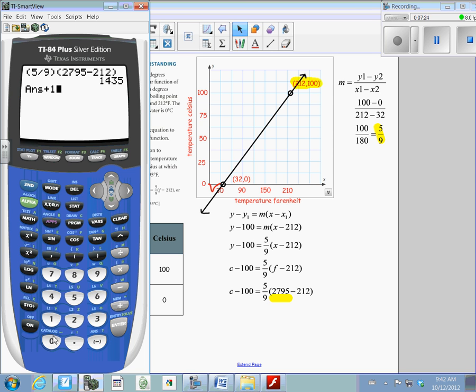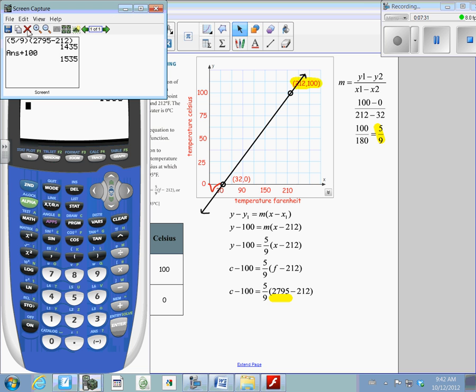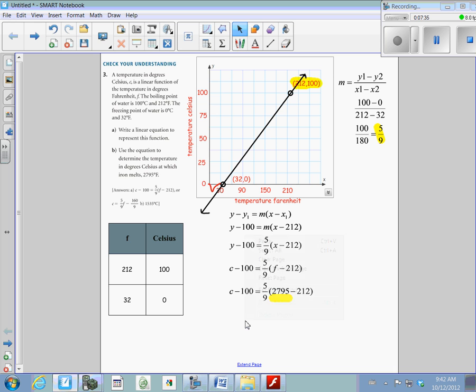So what we get is 1535. So 1535 is our Celsius conversion.